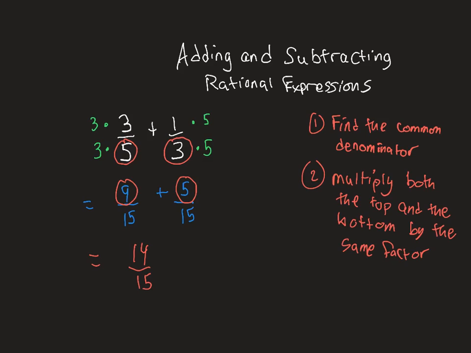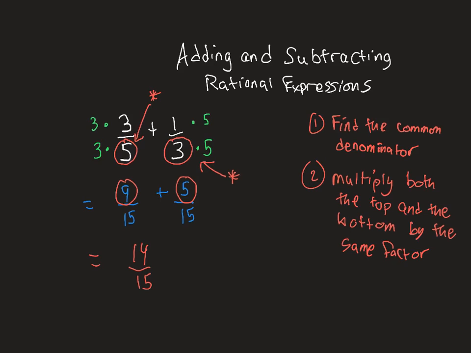So all we did here, if you notice, is we found what is missing from this denominator and what is missing from this denominator. Basically, what does this one have that the other one didn't? And what was this missing that the other one didn't? When you look at the 5, what's the 5 missing that the other fraction had?